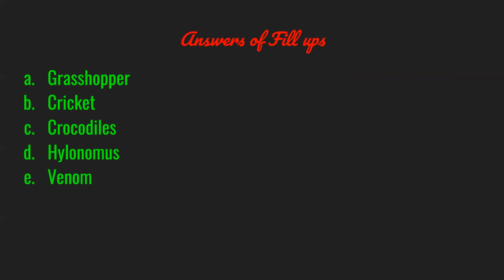Next, E, venom. So the venom of 250 species of snakes is able to kill a human. The venom means poison of snakes. Snakes have 2 pouches in their neck full of poison. This is called venom. So these are the answers of fill in the blanks.